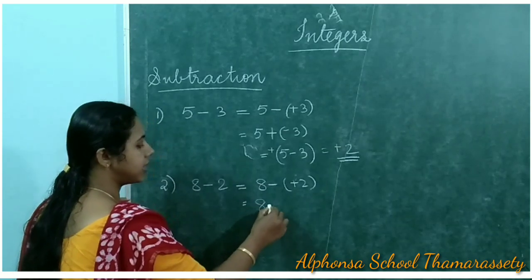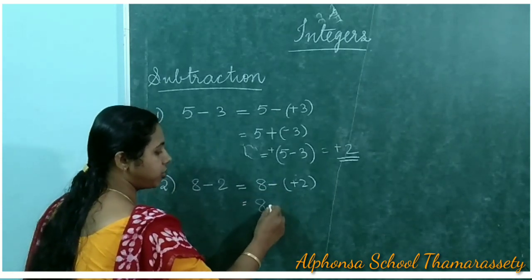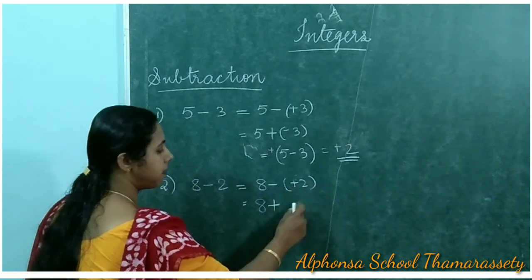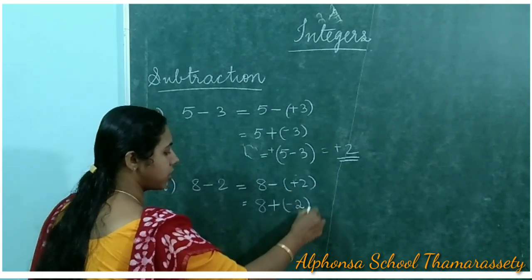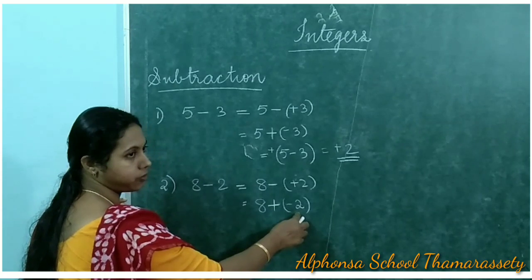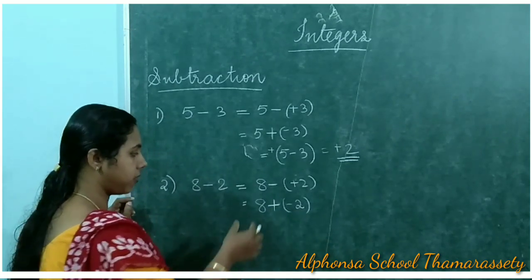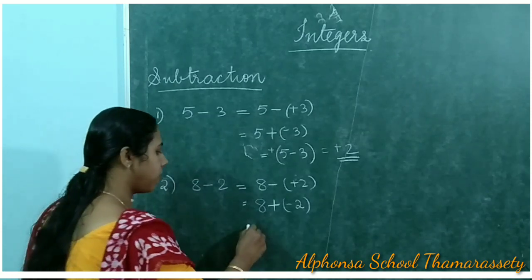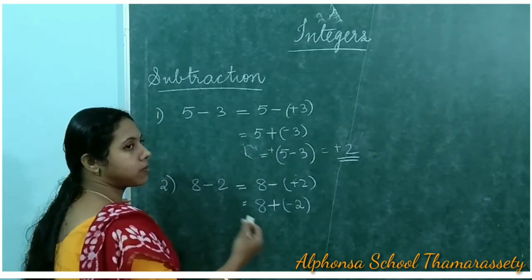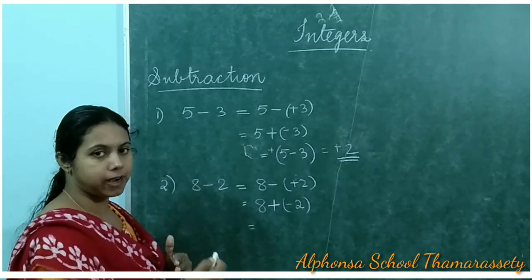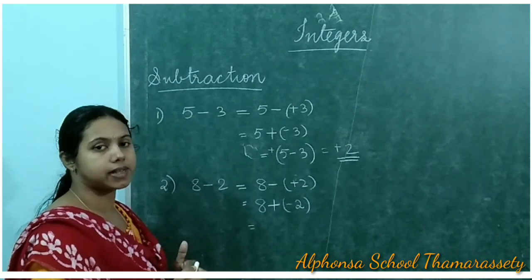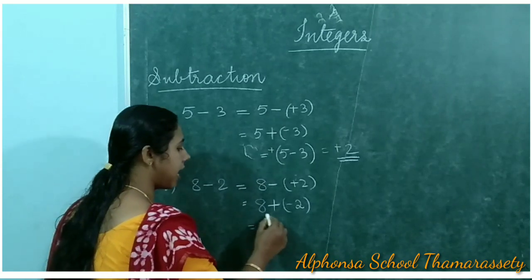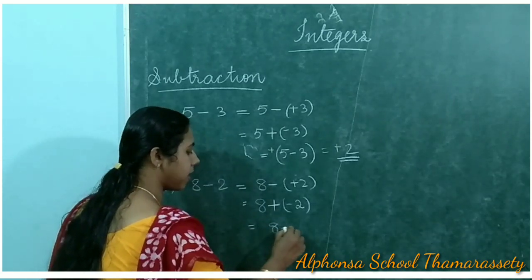So 8, subtraction changes to addition, and the additive inverse of the second number is minus 2. So 8 plus minus 2. Now we know how to add two integers, one positive and the other negative. If both have different signs, you subtract the smaller number from the bigger number and put the bigger number's sign.